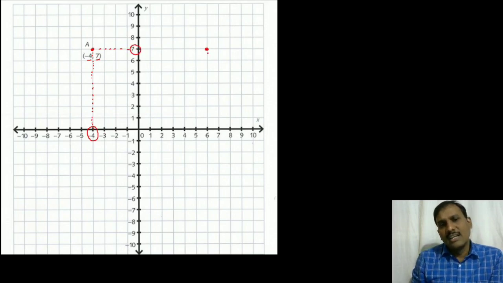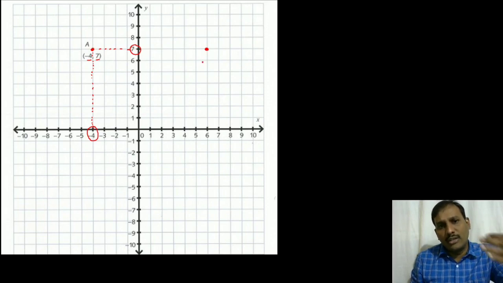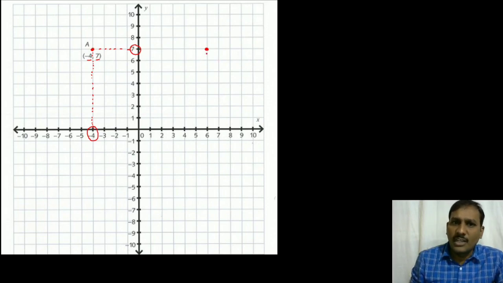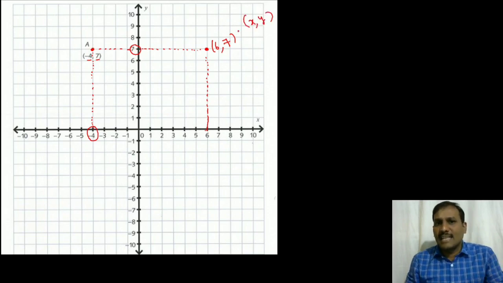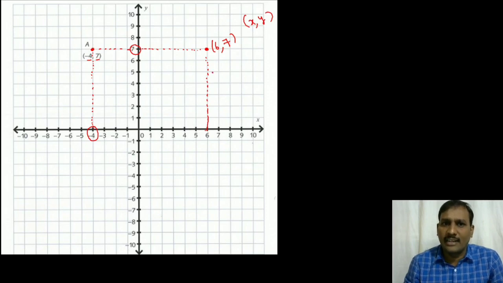When you are trying to name that point, first of all you should see which value it is representing on the x-axis. It is representing 6. So first write 6, the x value. Then what it is representing on y? It is 7. So generally you will write the x coordinate first, then the y coordinate, as x comes first in alphabetical order.